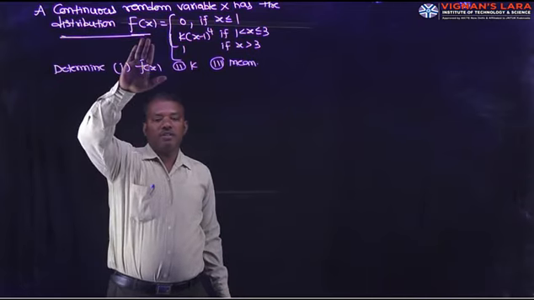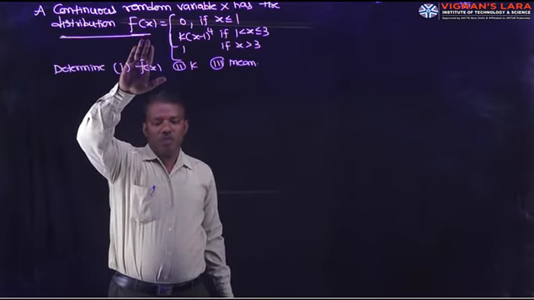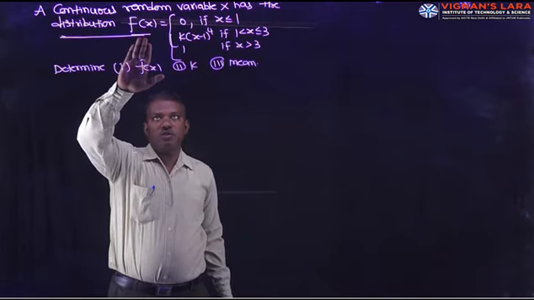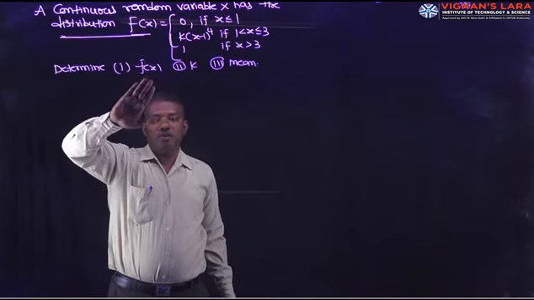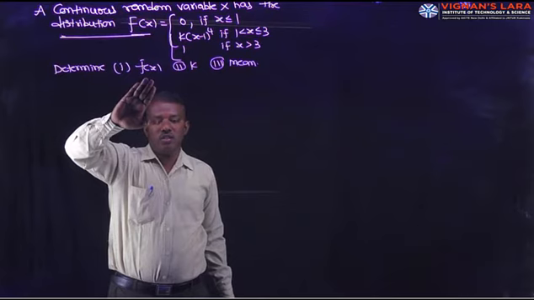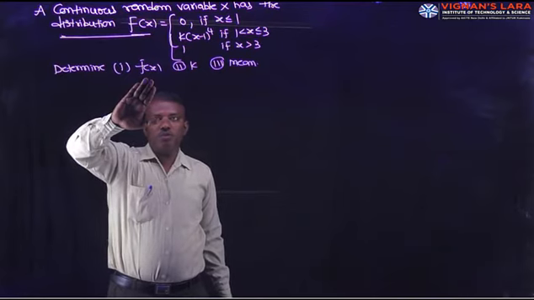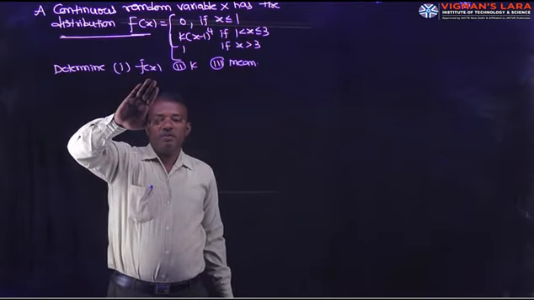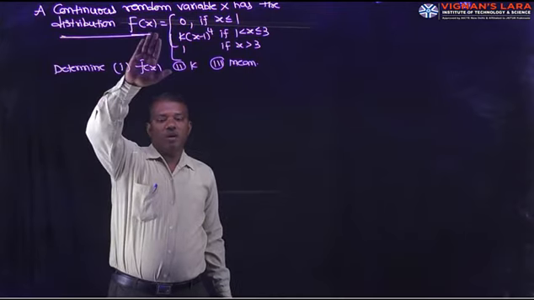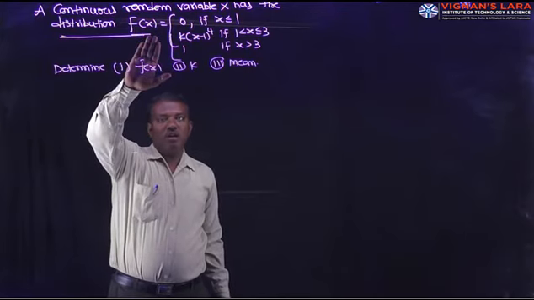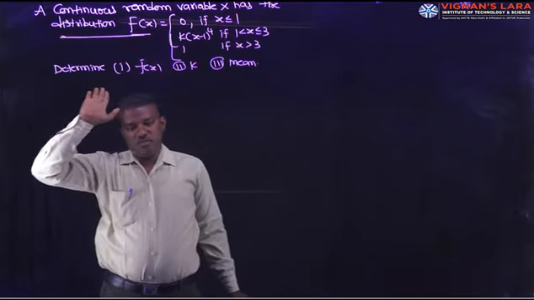Small f of x represents the probability density function. Capital F of x is the cumulative distribution. Remember it: capital F of x is the cumulative distribution, small f of x is the probability density function. What is the relation between these two? Small f of x is the derivative of capital F of x, or capital F of x is the integration of small f of x.